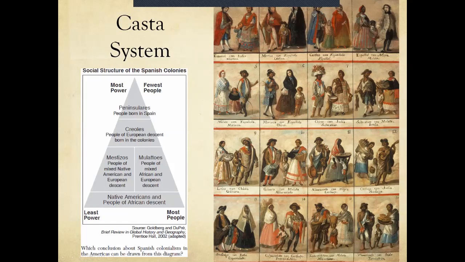These would be people who would be of Native and African descent, both. And so all of this is going to become very complex in the social structure. So these pictures are representing the different combinations of people of different relationships and how they have different legal rights and social rights in New Spain.